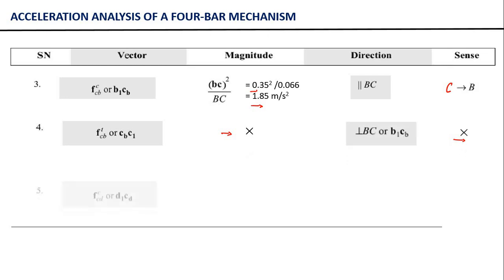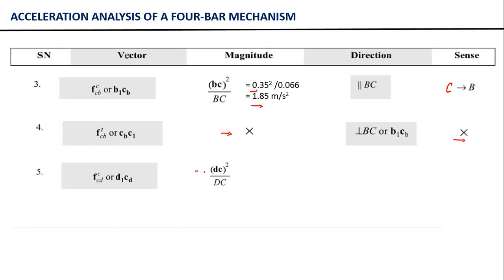Again FCDC. Do we know the magnitude? Obviously we have the velocity vector diagram, so we can directly calculate the magnitude of the centripetal component of C relative to D. The magnitude is simply given by the velocity of C relative to D squared divided by the length DC.